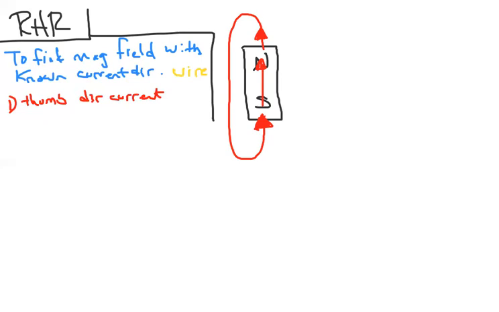So what am I talking about here? Let's say that we have a wire carrying current, we'll just call it I1. We want to follow this right-hand rule, so the first thing we do is put our thumb in the direction of current. The magnetic field for this wire is going to circulate around the wire.